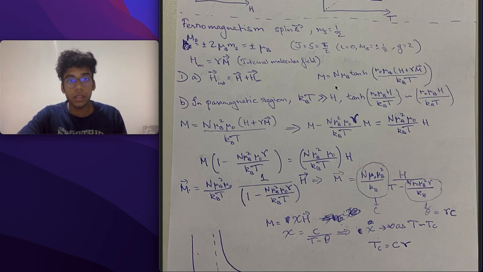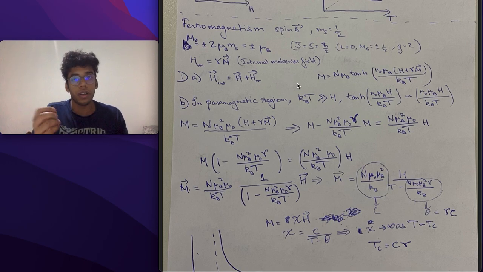So when you do this, we note that in the paramagnetic region, that is, your temperature is much larger than the critical temperature, right?